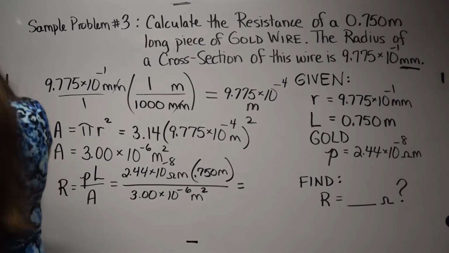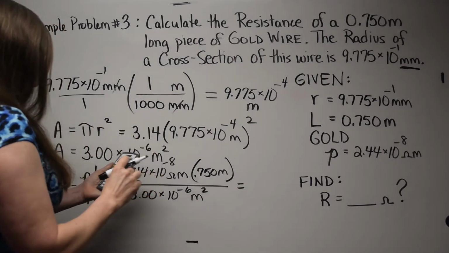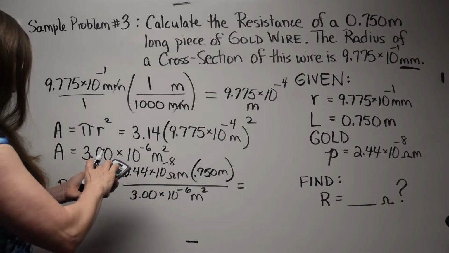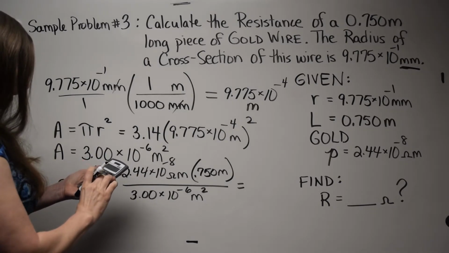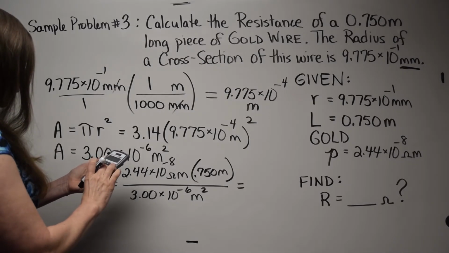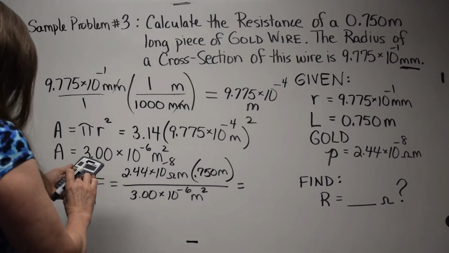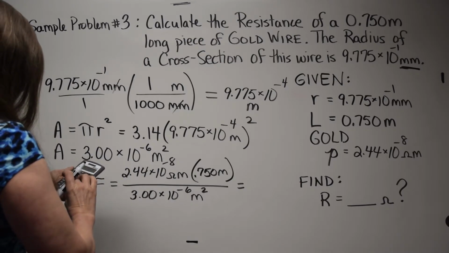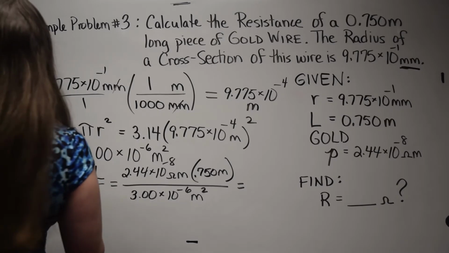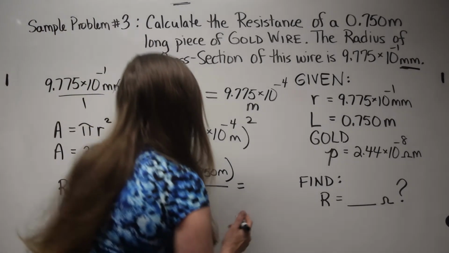Okay, let's see what we get here. 2.44 E negative 8 times 0.75. I'm going to hit equals, and then I'm going to divide by 3 E negative 6. All right, 6.1 times 10 to the negative 3 ohms.